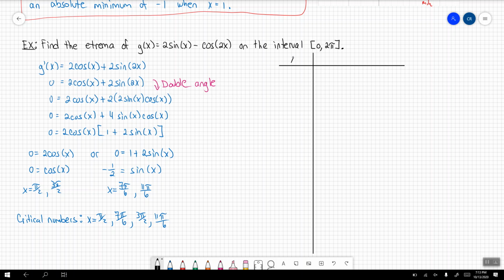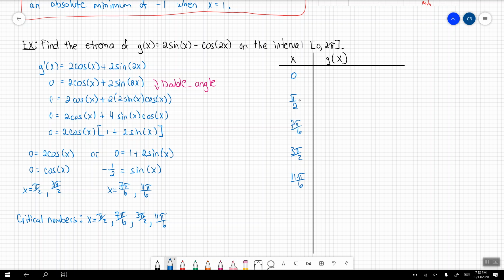Okay, so I'm going to evaluate some x values using my function g of x. The first one is going to be my endpoint, 0, and then I'm going to increase through the interval. So I have 0, then pi/2, then 7 pi/6, then 3 pi/2, then 11 pi/6.